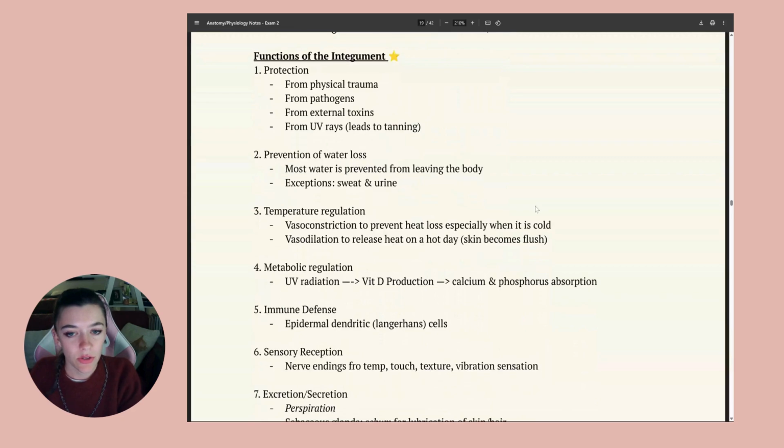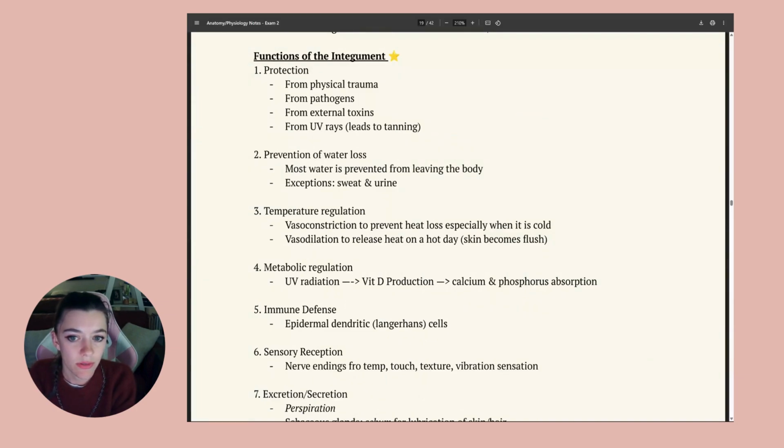All right, now let's go into each one of those and give you a little bit more detail. For protection, your integumentary system protects your body from physical trauma. You get punched, it doesn't go straight to your muscles. You have to go through your integumentary system first. It protects you from pathogens, so you don't get sick super easily, from external toxins, and from UV rays.